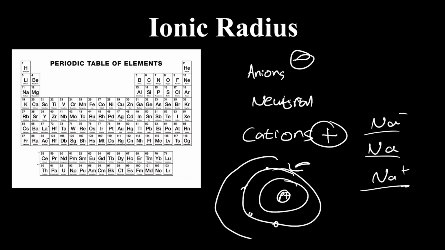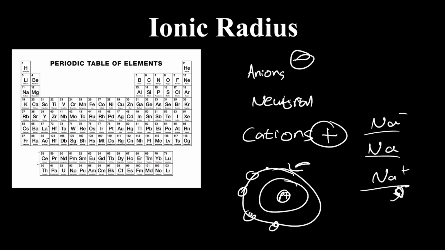Even if adding an electron might not lead to another shell, it's going to lead to an increase in repulsive forces between electrons. So the electrons are going to pull away from each other, making this bigger.